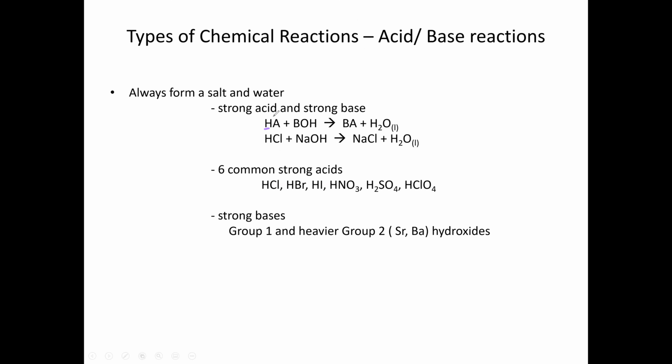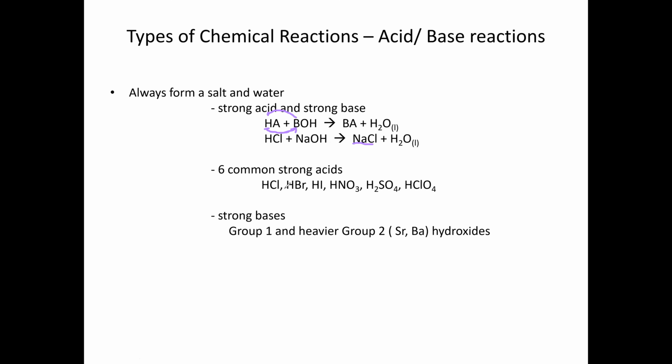So here we have some generic acid reacts with a base. So the cation of the base and the hydrogen of the acid displace one another, and we form a salt and water. And so the salt is always going to be the cation of the base and the anion of the acid.